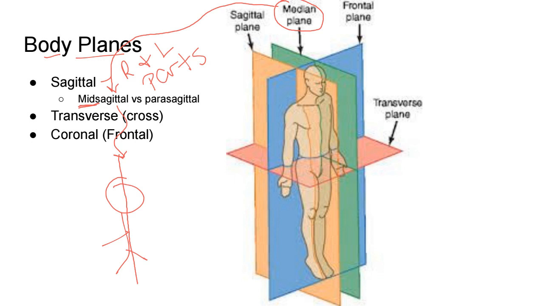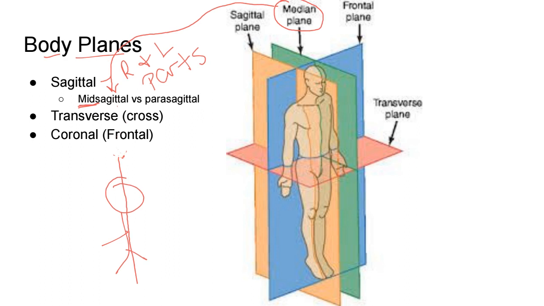So mid-sagittal means that it is going right down the midline, and it is dividing us into equal right and left parts. So our parasagittal line is going to divide us into unequal right and left parts.